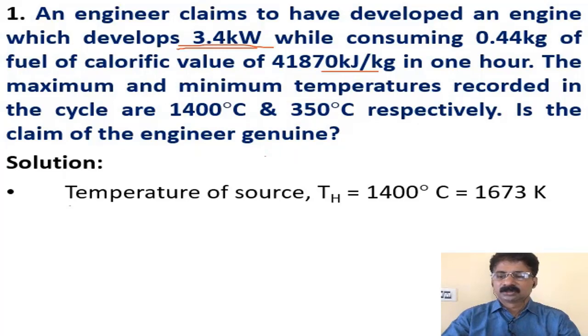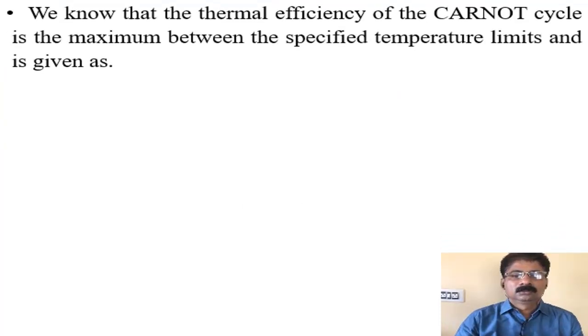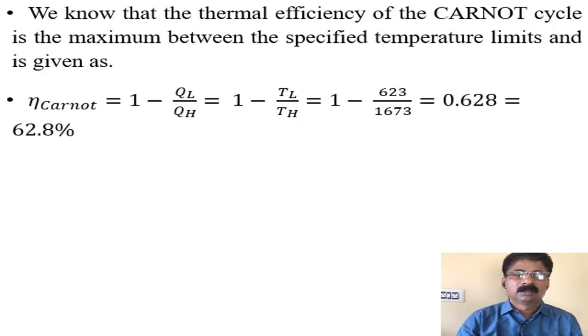Source temperature is given, that is 1400 degrees Celsius or 1673 Kelvin. Sink temperature is given, 350 degrees Celsius or 623 Kelvin. In the last slide I told you that the efficiency of the Carnot cycle is the maximum between the specified temperature limits, and usually it is calculated using the temperatures.